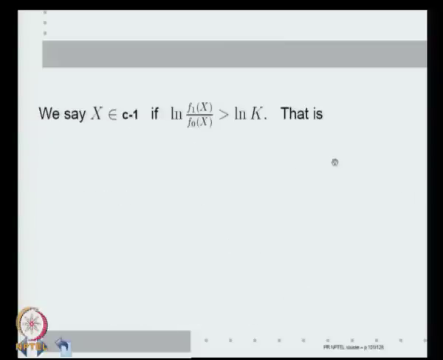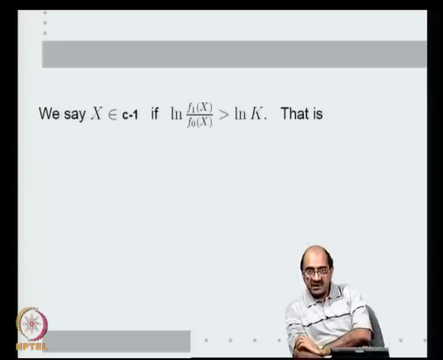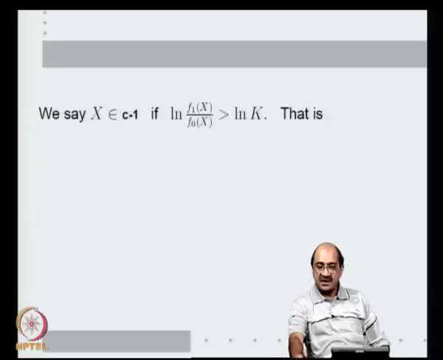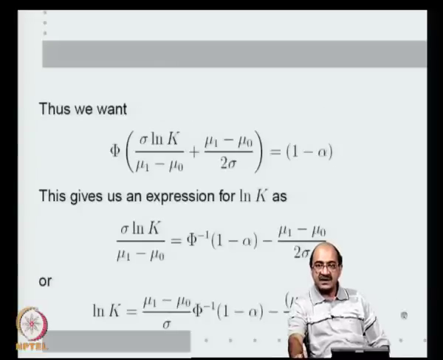Let us ask what does the classifier mean. So, in Neyman-Pearson classifier we will put x in class 1 if f1 by f0 is greater than k, which is same as ln f1 by f0 greater than ln k, and the ln k is given by this expression that we have just now derived.